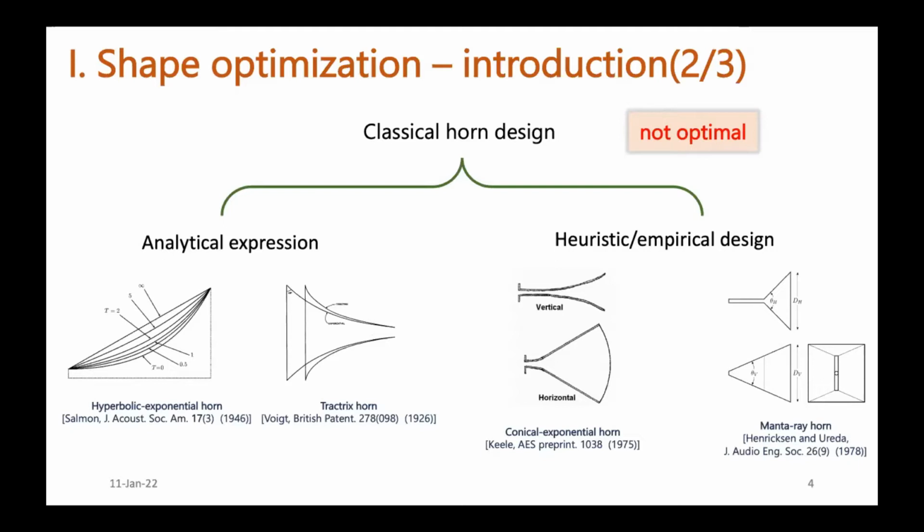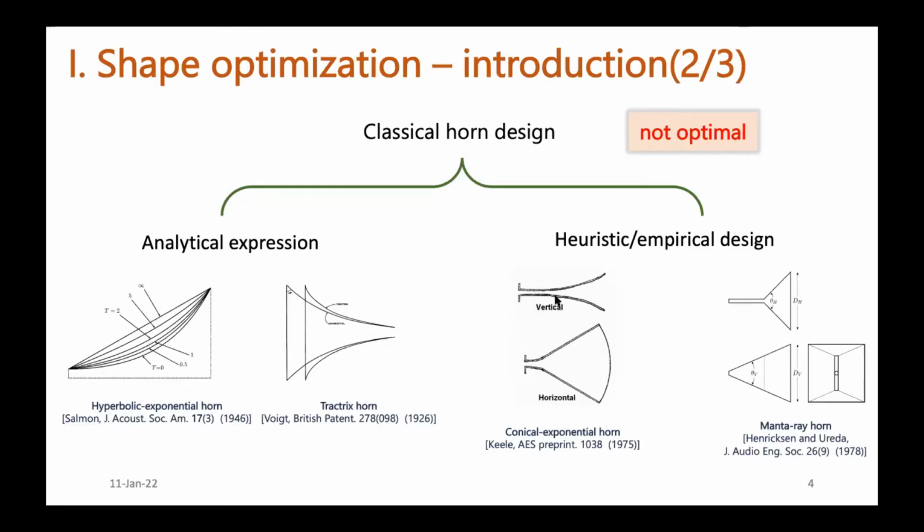For example, the left picture is a family of hyperbolic exponential horns proposed by Salmon. And this one is a tractrix curve shaped horn, the tractrix horn, and it's just a special mathematical curve without too much rigorous validation.